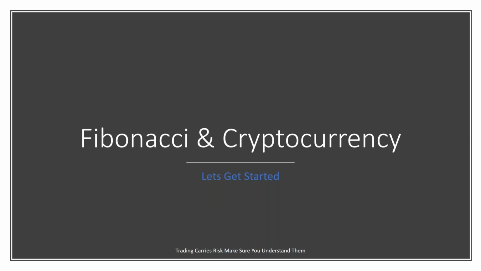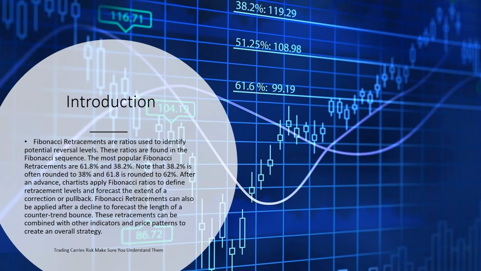So let's get started talking about Fibonacci levels and cryptocurrency. Now, it's important to understand whether you're trading Bitcoin or the Euro US dollar, whether you're trading a stock or the S&P 500, there are certain levels and certain prices that are strategically important.